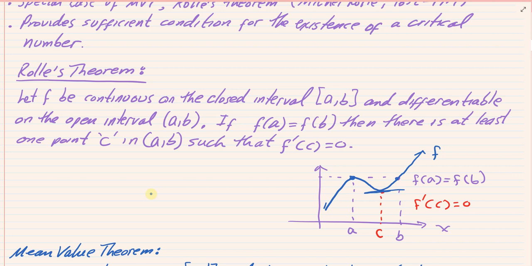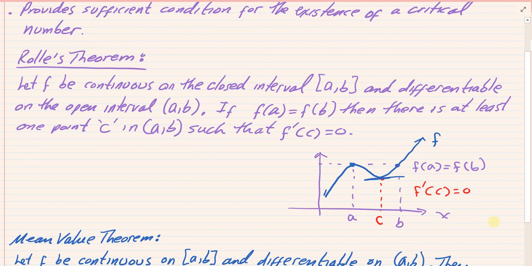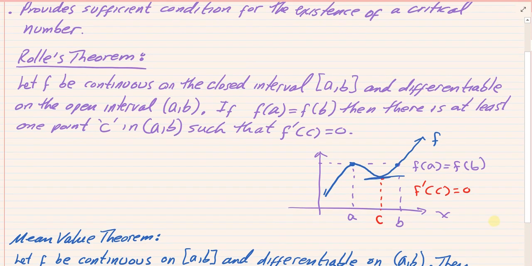And because the function is either above or below f at a and f at b, in this case I have it below, again by the extreme value theorem, it makes sense that there has to be a point where f prime at c is 0. The proof of this is in the book if you're interested. I just kind of mentioned it. So that's what Rolle's theorem says.